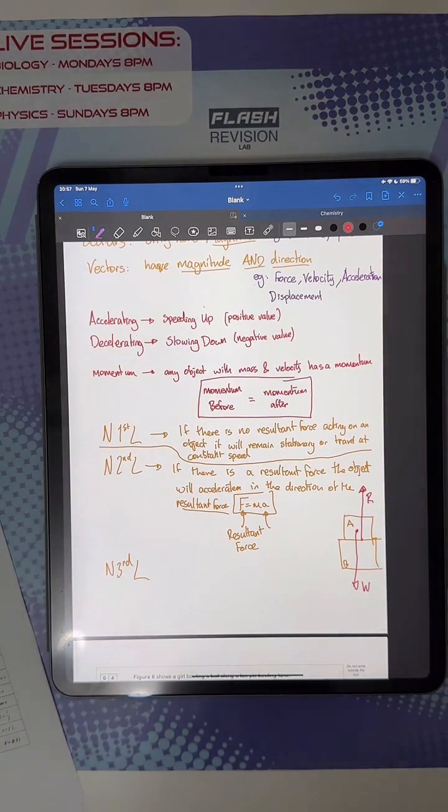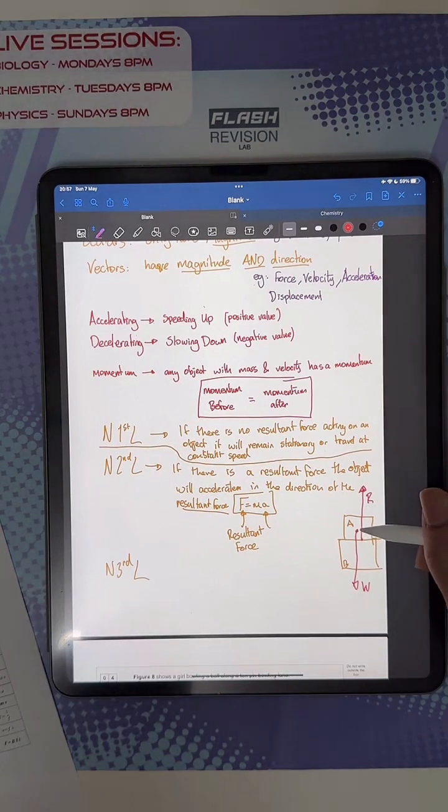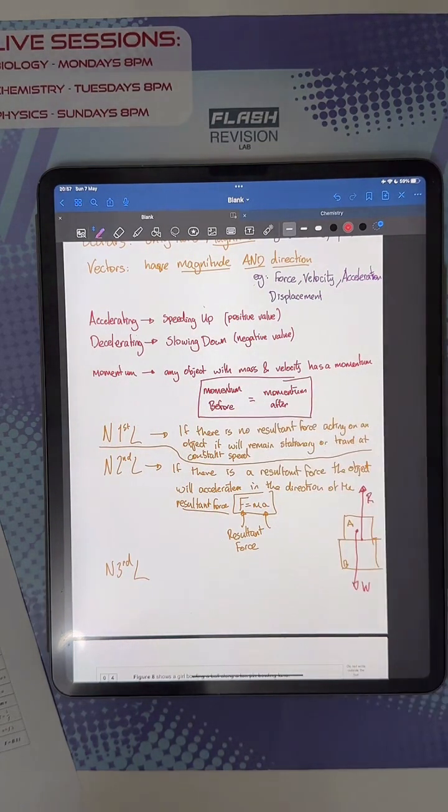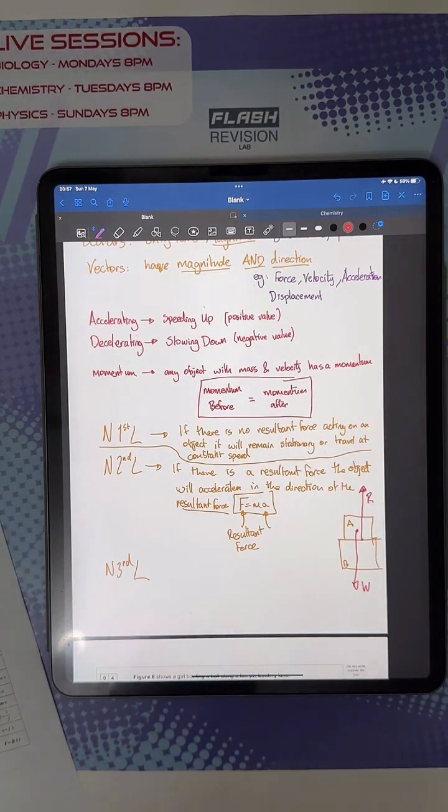It is also known as the normal contact force. So the weight of box A is equal to the reaction force that box B pushes onto box A. And because both of these are equal, the resultant force is 0, which means it's stationary. So that's why the box would stay still. I hope that makes sense.